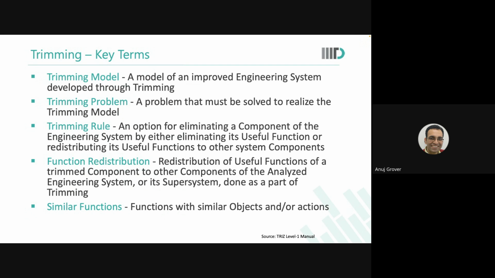Then trimming rules are those rules for eliminating components, function redistribution, we just discussed again, and similar functions is again a keyword, which means that functions with similar objects and or actions.